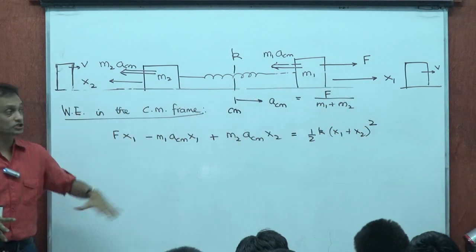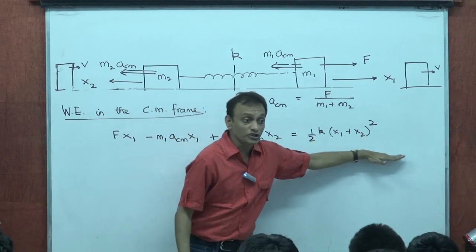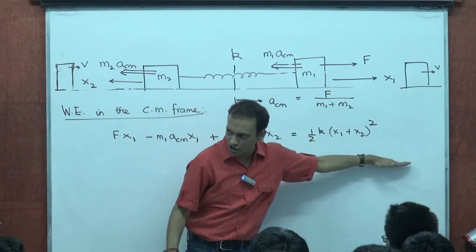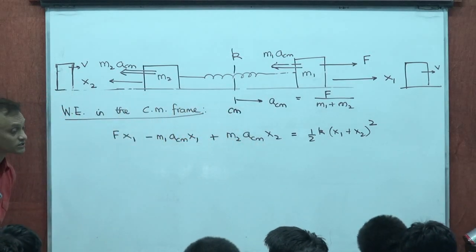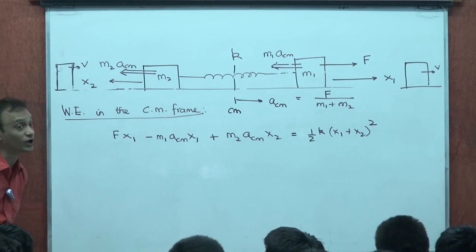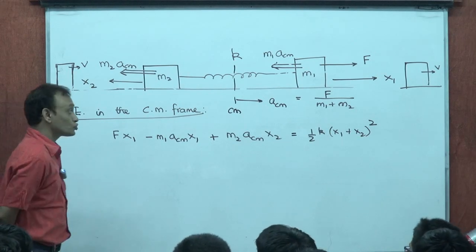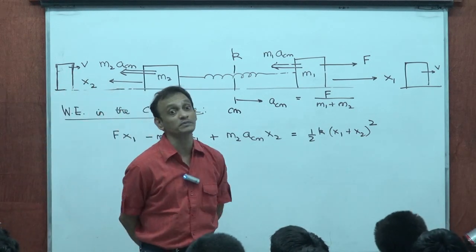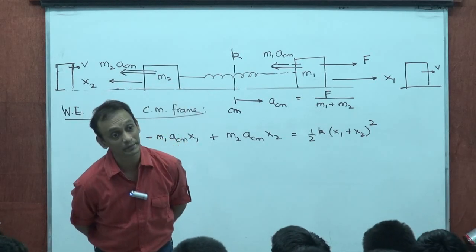Work done by all forces, real and pseudo, must be change in kinetic energy plus change of potential energy of the spring. This is the change of potential energy of the spring, half k into (x1 plus x2) whole square. Does it make sense to you? Where x1 plus x2 is the elongation, maximum as well as minimum, right? So if you end up getting two values of x1 plus x2, one must be the maximum elongation, the other one must be the minimum elongation.